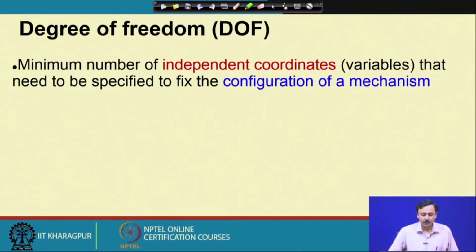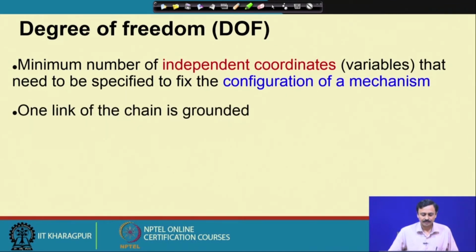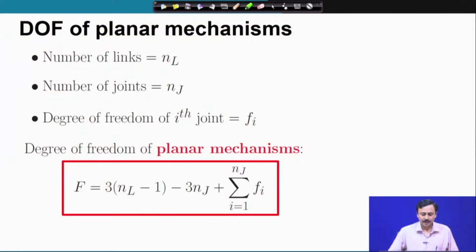So, just to review what we have discussed previously. Degree of freedom is the minimum number of independent coordinates that need to be specified to fix the configuration of a mechanism. One link of the chain is grounded, and we have looked at this calculation in detail.